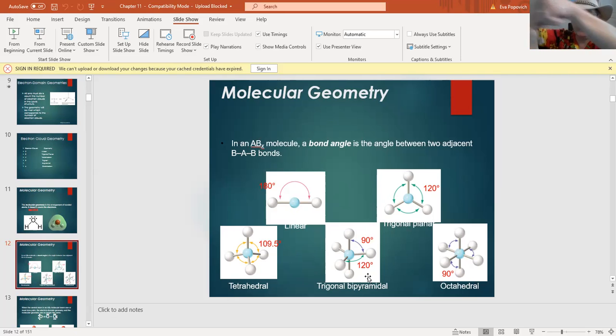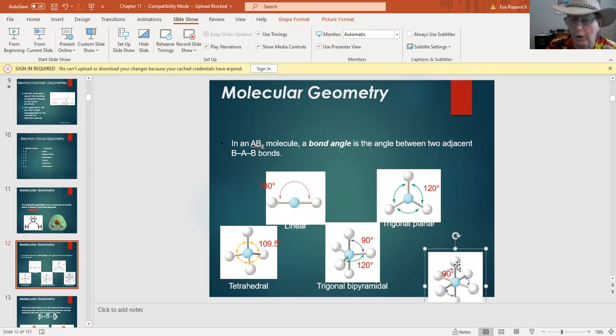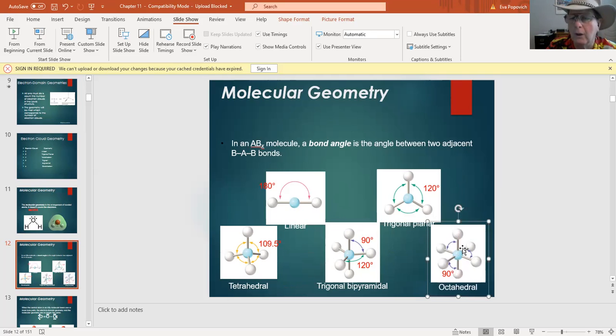They're 120 apart from one another. I've got 1 sticking straight up, 1 sticking straight down. Those up and down are 90 away from the planar atoms. Then I have an octahedron. I have a plane in the center, 90 degrees for that, 1 sticking up, 1 sticking down. So I have all of the angles there being 90 degrees.